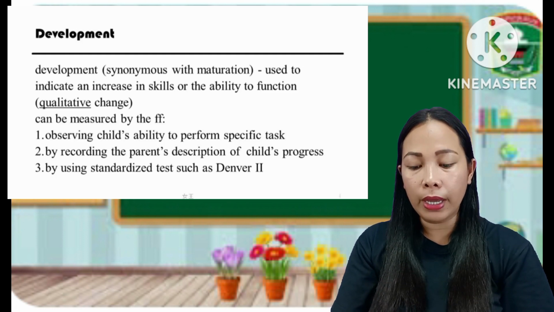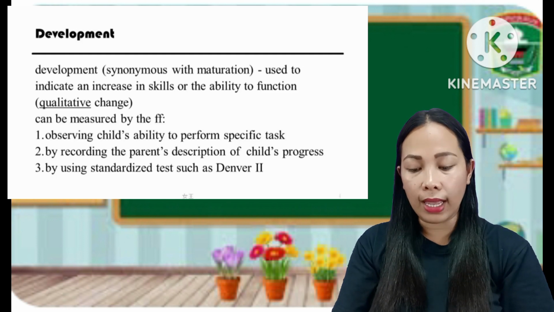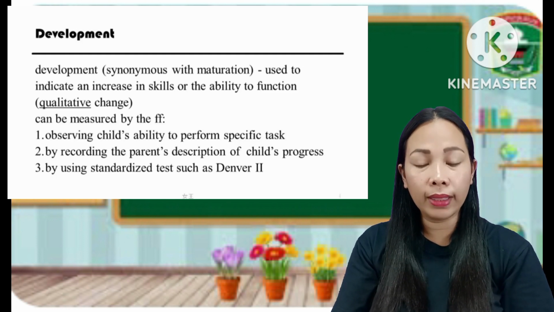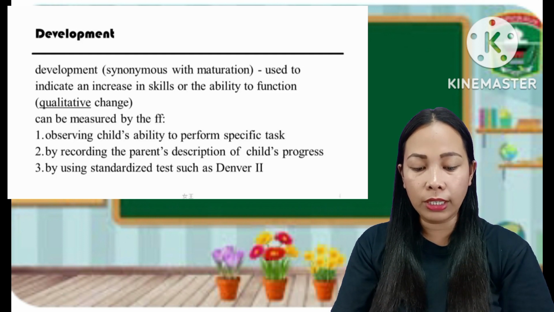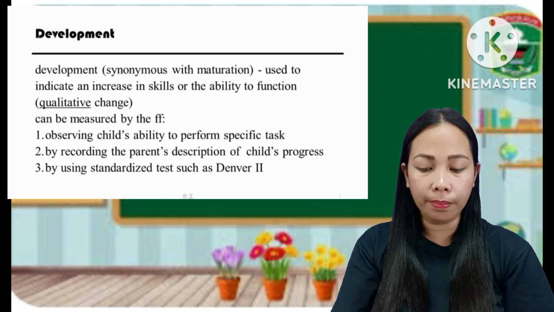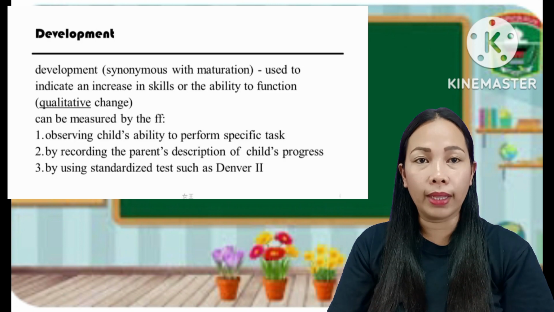Number 3, using standardized tests such as Denver 2, the Denver Developmental Screening Test 2, which has 125 easily administered developmental test items with age norms, presented in a convenient format.